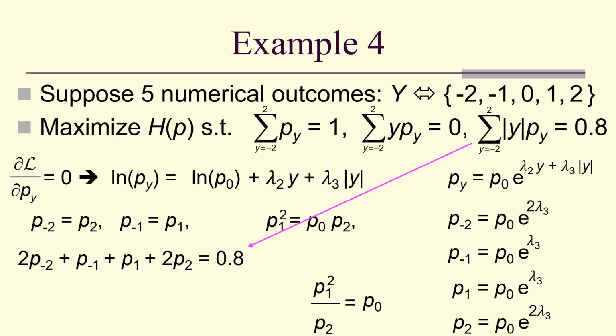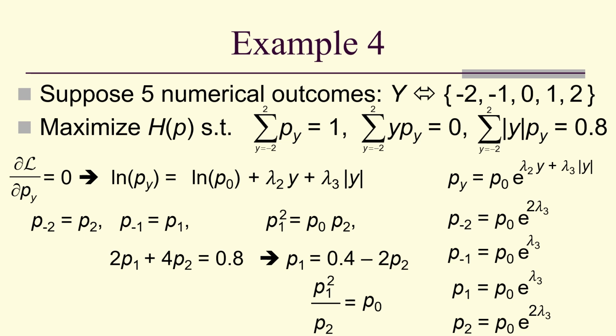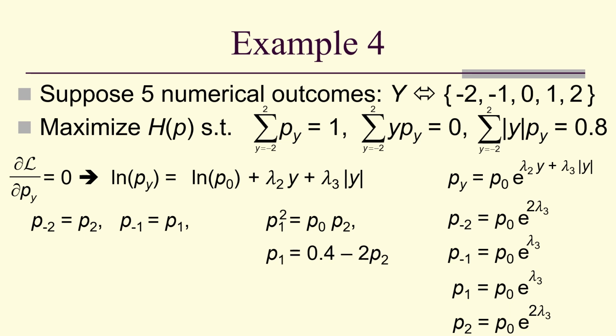Now we use our expected absolute value constraint, and we replace and get 2p1 plus 4p2 is equal to 0.8. And then p1 is 0.4 minus 2p2. Now we've got two equations in two unknowns, and we can then use our sum of the probabilities equals 1.